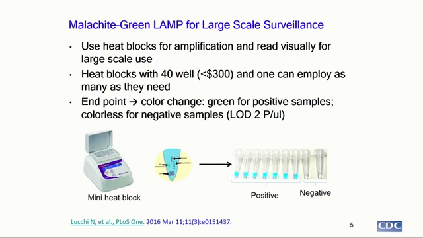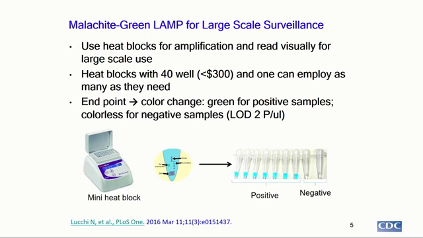So we see the potential for a tool like this, wherein instead of depending on a bigger instrument, you can just buy a simple mini heat block that can be used in the field. This particular heat block has up to 40 wells, and it is not that expensive. If people need to test hundreds or thousands, one can have multiple heat blocks in the field.